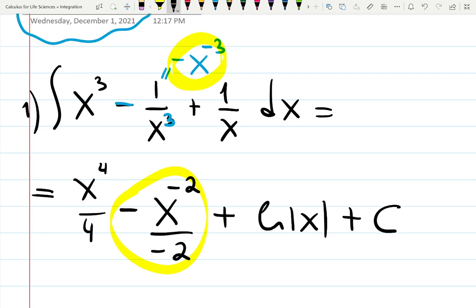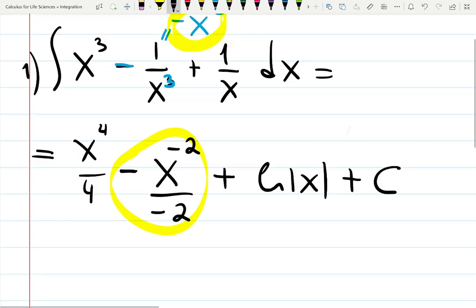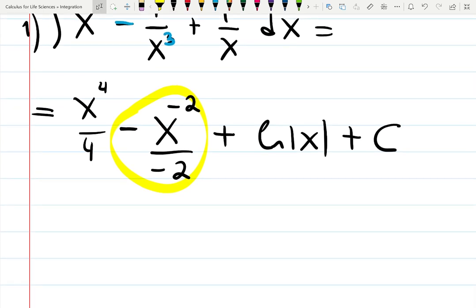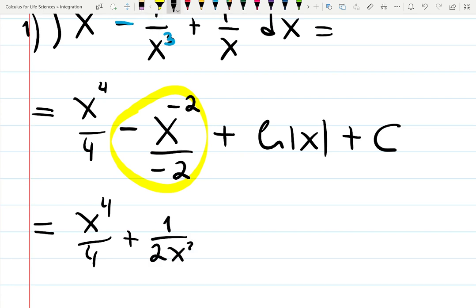Can you recognize this in, say, multiple choice? If you want to simplify, I can rewrite it as 1 over 2x squared plus ln absolute value of x plus c, but not necessary. Minus minus gives you plus, 2 is still the denominator, x to the minus 2 becomes x squared.